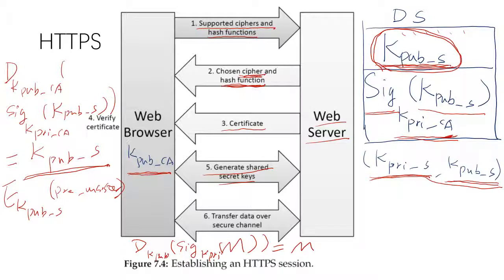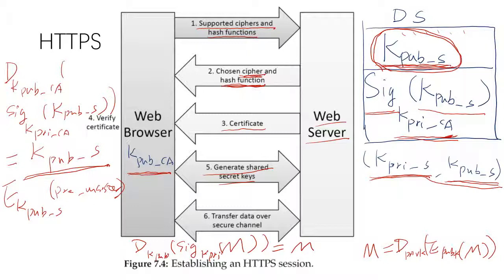And we know that for any message M, if it is encrypted by the public key and we decrypt it by its corresponding private key, we should be able to restore the message M.